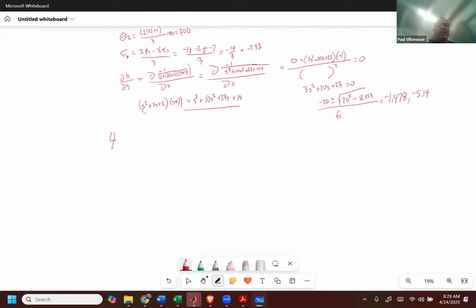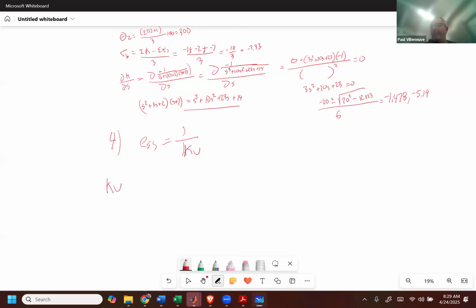Number 4 was a steady state error equation. And I wanted to solve for an ESS for a unit ramp input, which means ESS for a unit ramp input is some amplitude over Kv. We'll just call it K sub v.